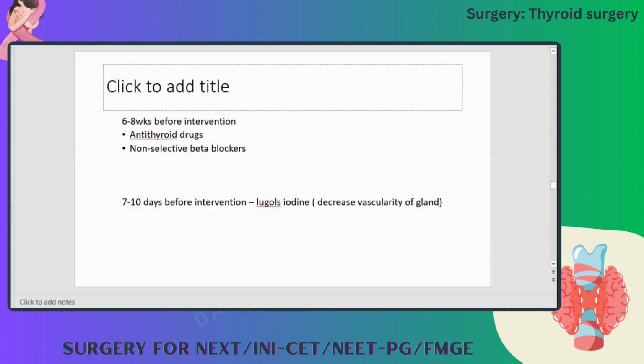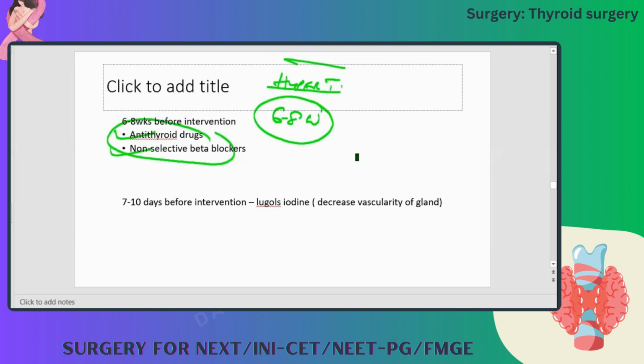And the timing, when to intervene before a procedure, is also important. So, a patient with hyperthyroidism is there. If you want to operate, 6 to 8 weeks before you have to give antithyroid drugs and non-selective beta blockers. Why are these non-selective beta blockers given? What is the example for it?